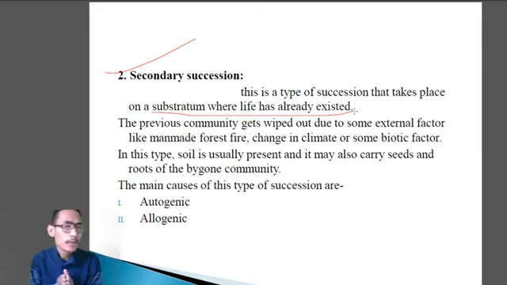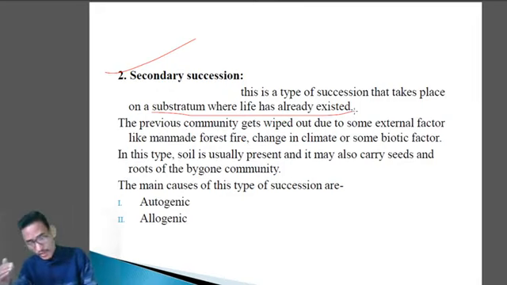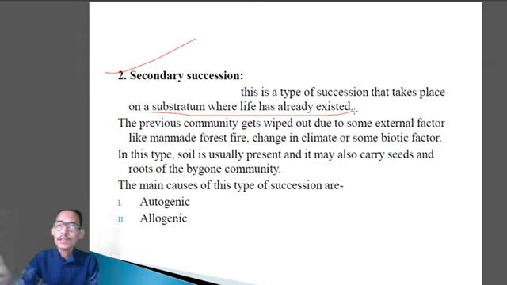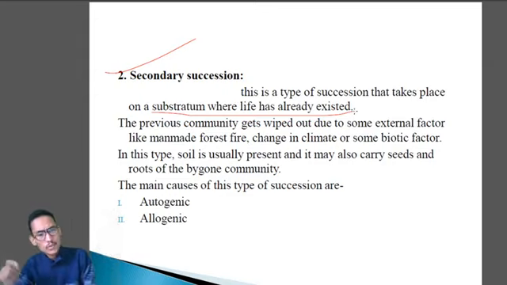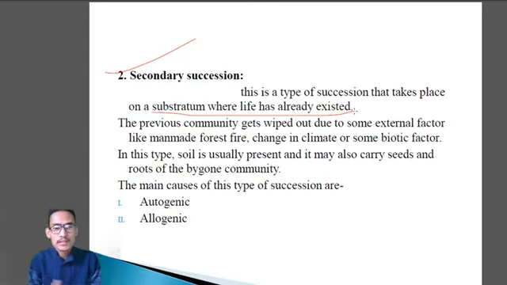And in secondary succession, soil is usually present because life was there previously, so soil was there, organic matter was there, and it also carries seeds and roots left by the bygone community.